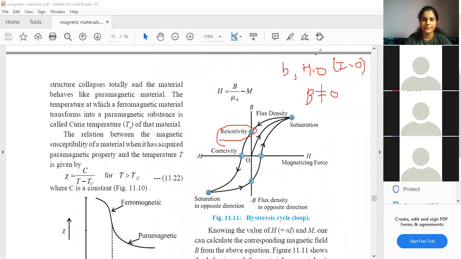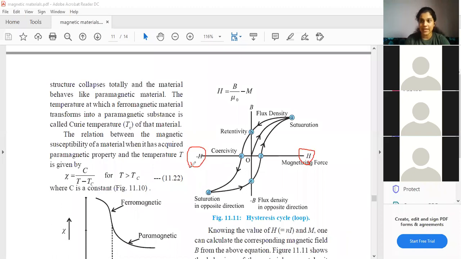Okay, let's move ahead and go from B to C part. Students, the right hand side of the graph is plus H and the left hand side is minus H. Now minus H does not mean that we are providing a negative value of current, like minus 5 amperes.